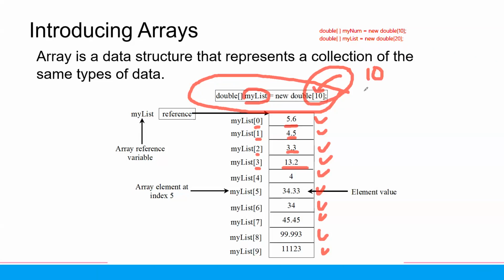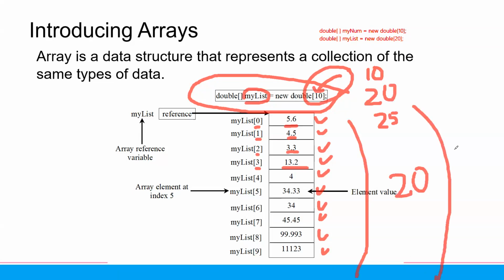So if you make this 20, then you will prepare 20 places. If you put this one as 25, then you will prepare 25 places. Okay, it depends on the number that you put in the square bracket.